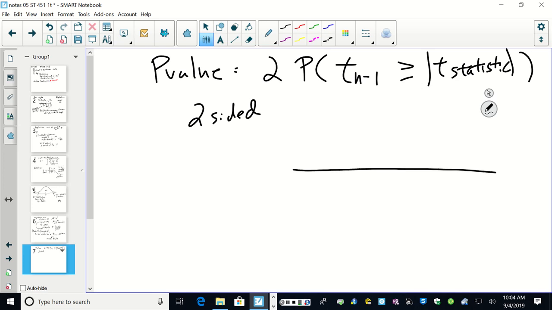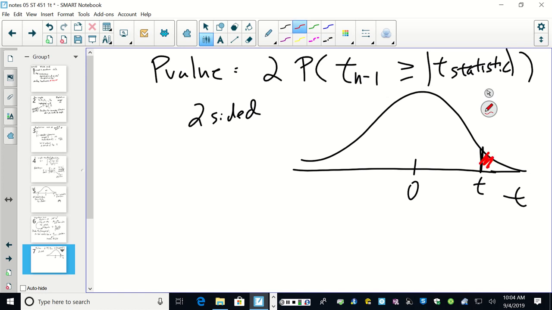So our picture here is the t at 0. And say this is our t statistic value. We're going to calculate this area up above that, and then double it. This curve is the t with n minus 1 degrees of freedom.